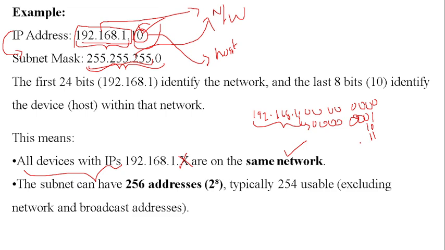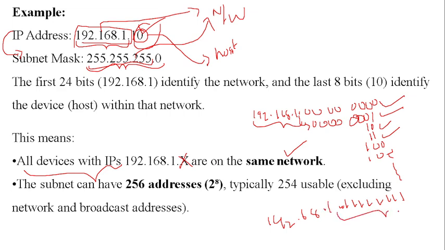Like that, it will go on adding the IP addresses, like this is 0, 1, 2, 3, next will be 4, 100, 5, 101, like that it goes till 11111111, the last IP address, that is 192.168.1.255. This is the last. So these are all the IP addresses belonging to the same network. Please keep in mind, the subnet can have 256 addresses.